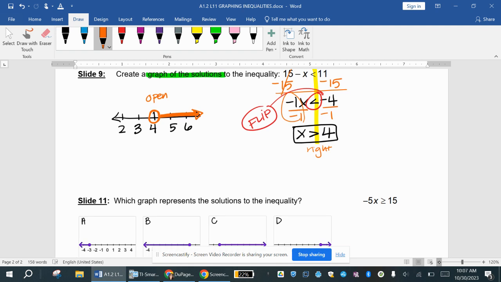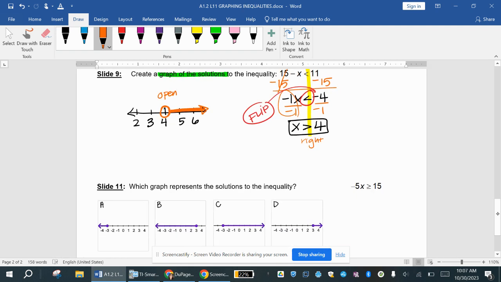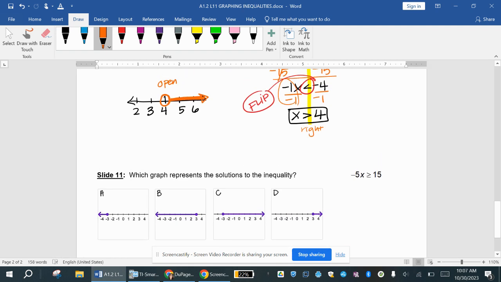Okay, why don't you go ahead and give this last problem a try? So notice that the -5 is being multiplied with the x. How do you solve, and which of those answers matches? Think about how you're going to cancel the multiplication.